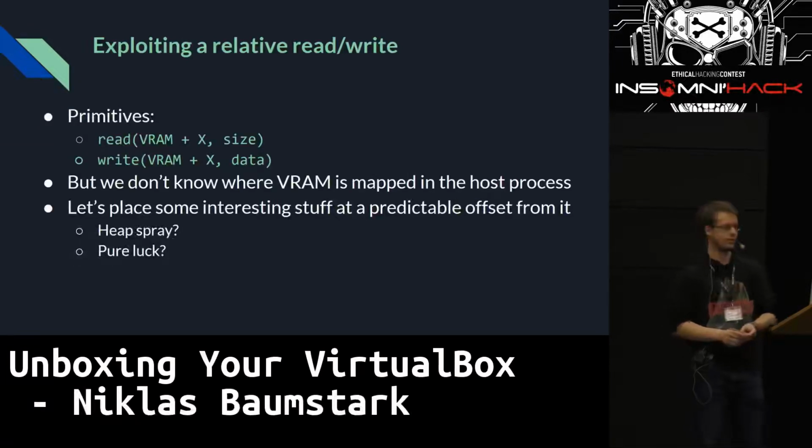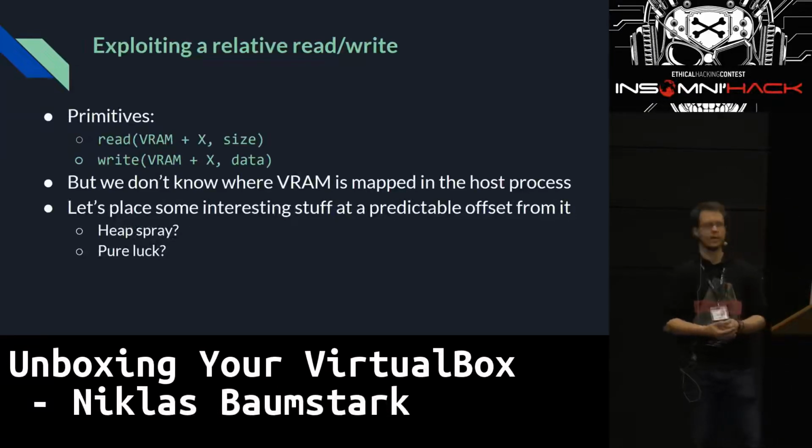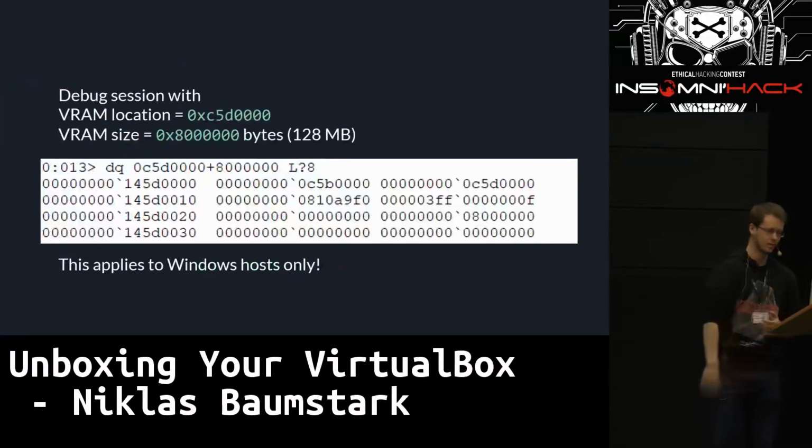Now the question is: is there anything surrounding this video RAM buffer, or can we place something around it that has interesting pointers, or that would be interesting to corrupt? One way to do this is a heap spray. I haven't actually tried this back then, and I think it would work. Instead, I just looked at what's immediately after the video RAM, and by pure luck, there is something there that's really interesting. But only on Windows.